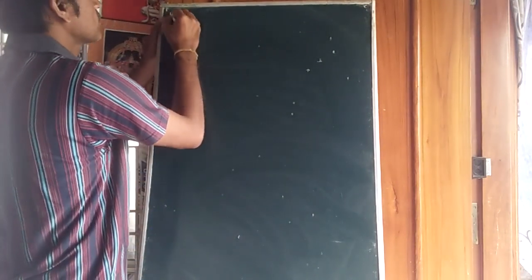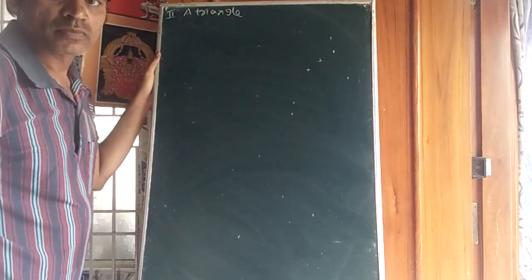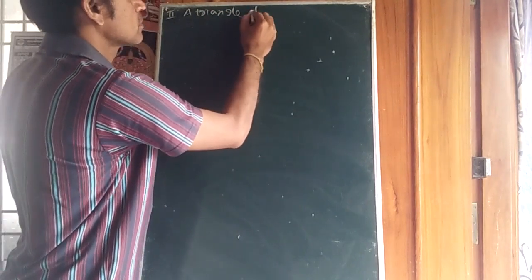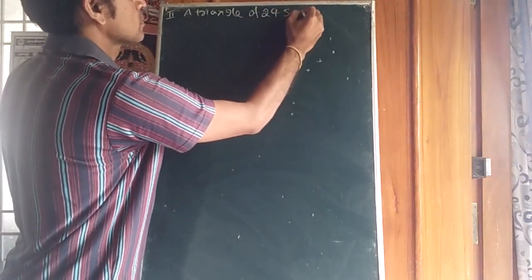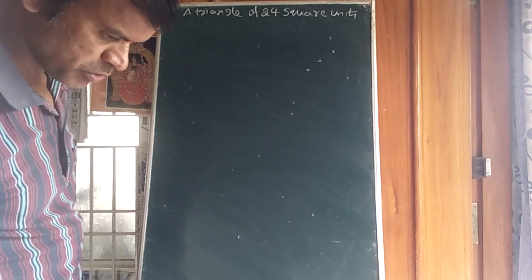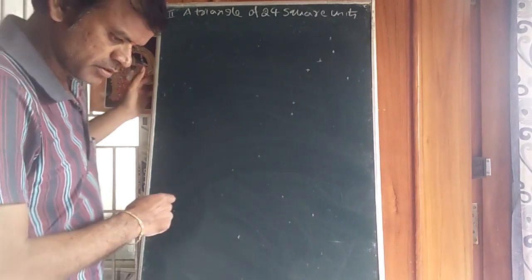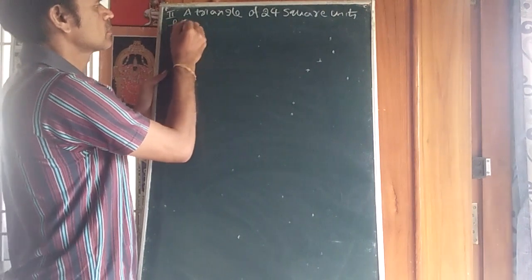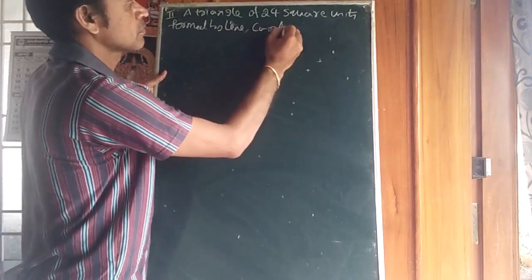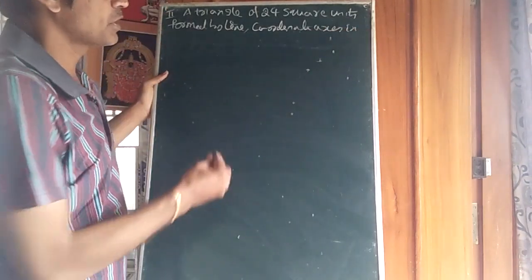A triangle of area 24 square units, formed by line and coordinate axis in first quadrant.